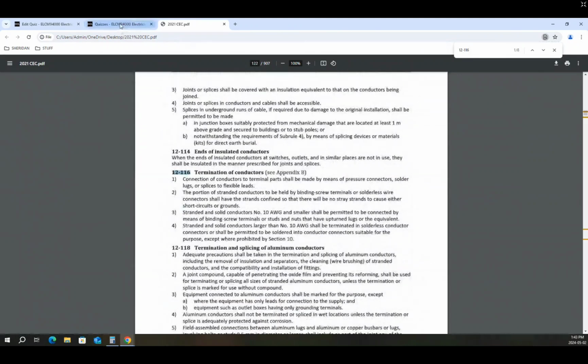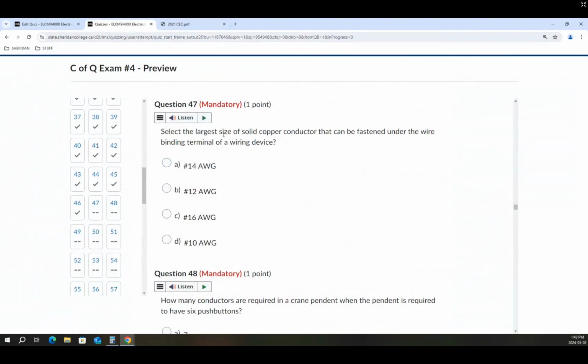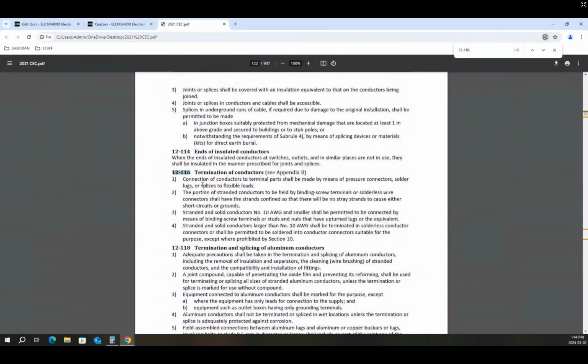And we will scroll down, termination of conductors. Stranded and solid conductors of number 10 gauge and smaller shall be permitted to be connected by means of a binding screw terminal or studs and nuts that have upturned lugs or the equivalent.